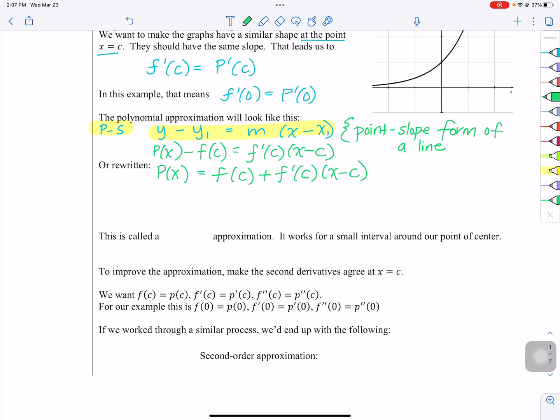So since we have c equal to 0, we can now say that p of x is equal to f of 0 plus f prime of 0 times x minus 0.